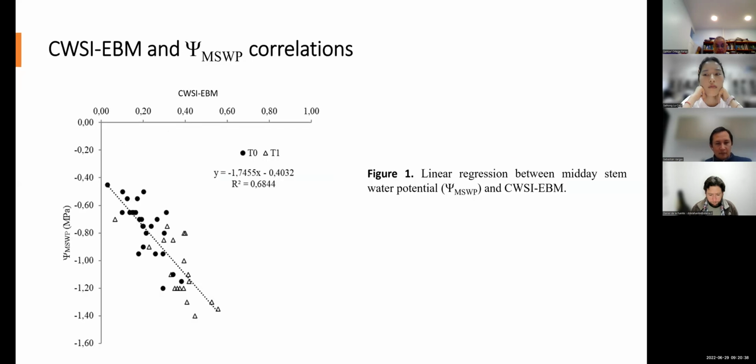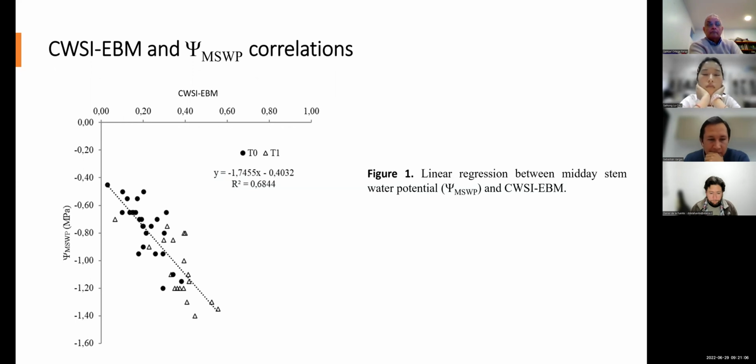And now moving to the correlations, we can see here the correlation between the crop water stress index estimated through the energy balance and midday stem water potential, where we can see a high correlation between both of these variables, obtaining an R squared of 0.68, which we could say is higher than most of the works reported in literature.